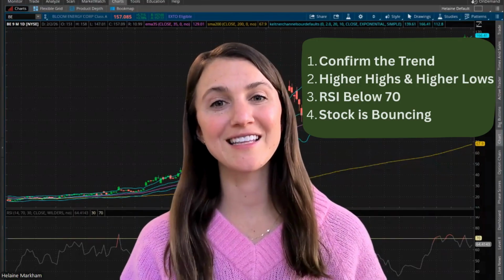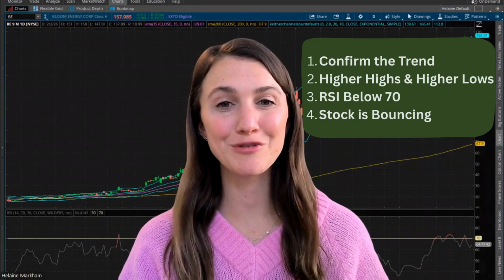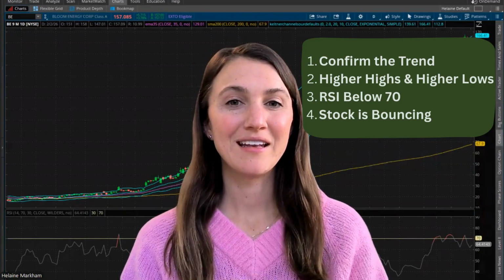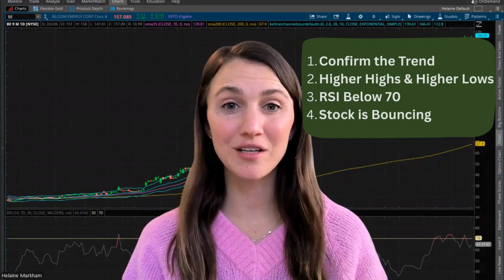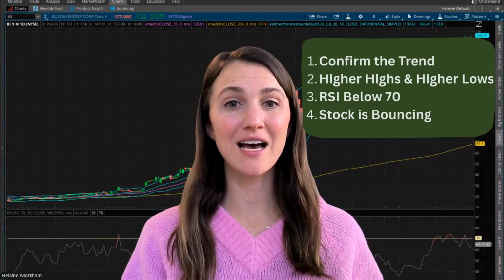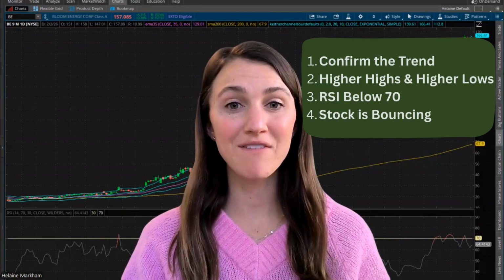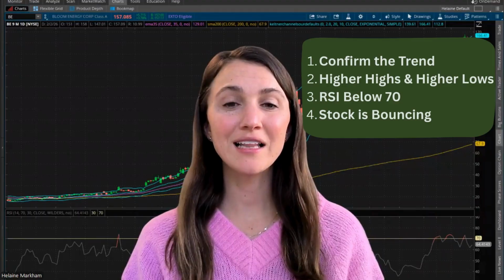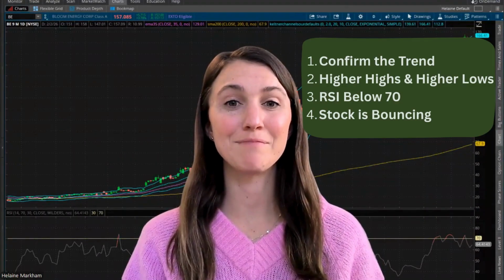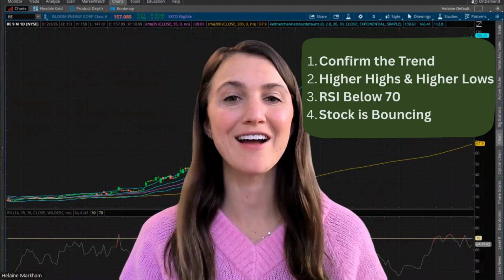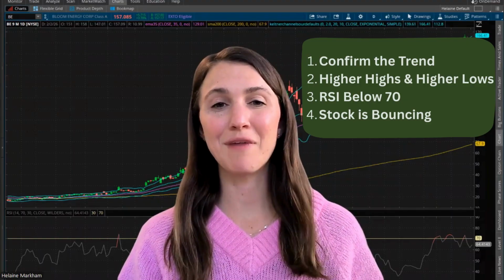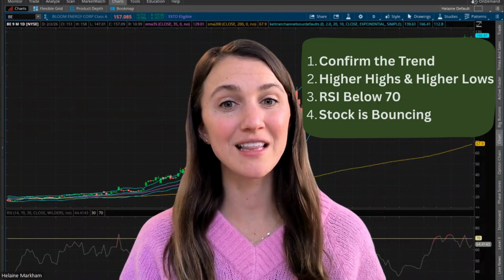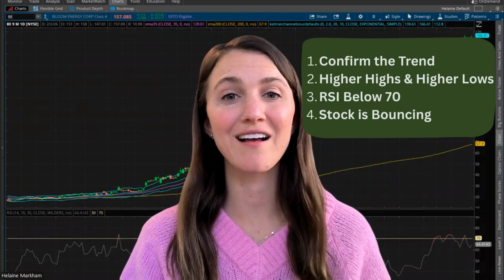That's showing us that the stock, once again, is continuing to trade higher. Next, we want to make sure the stock is not currently overbought by looking at RSI. Make sure it's below 70. And then finally, confirm that the stock is bouncing or starting to trade higher again. This is done by looking at RSI, and we want to see that the line is increasing or trading higher.